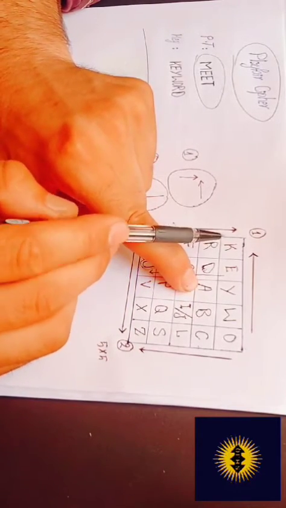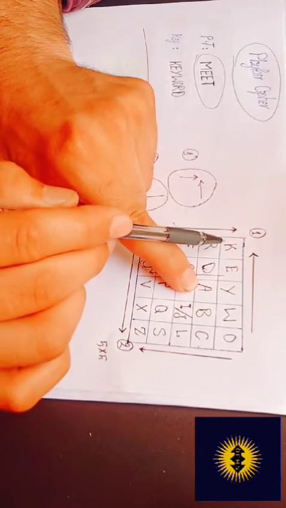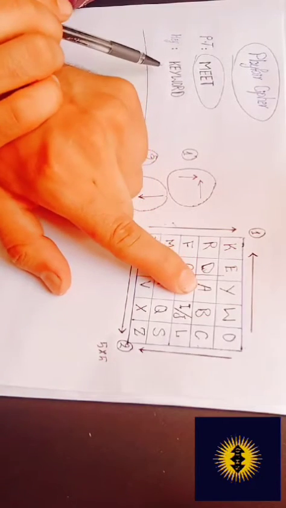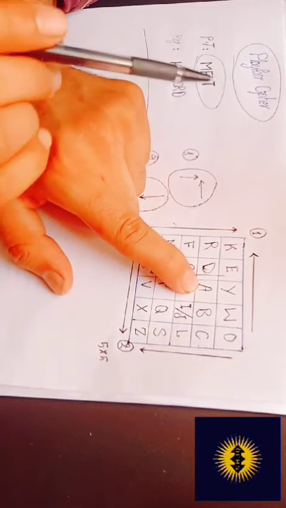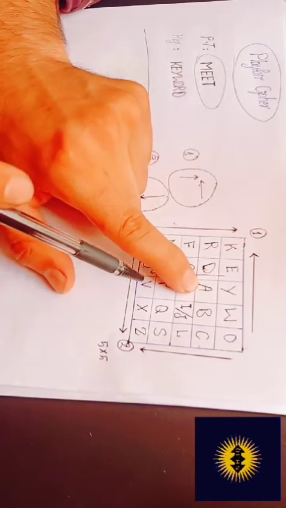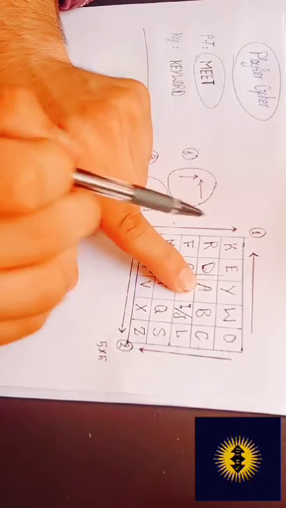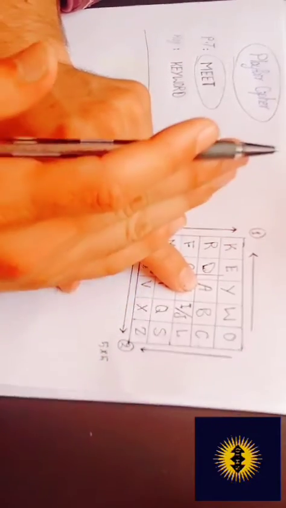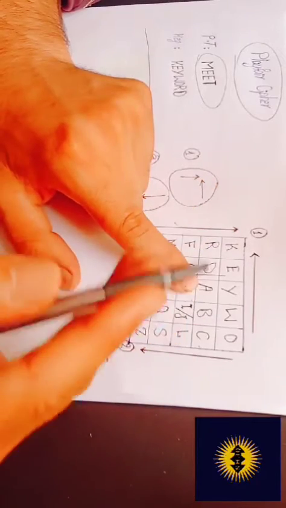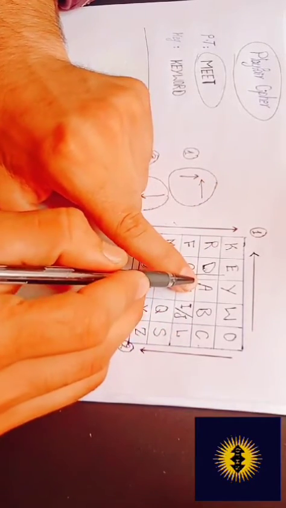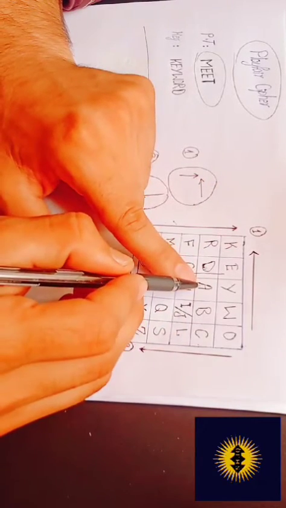If we had a letter in our keyword, we cannot use it a second time in the square, so we have to skip it and jump to the next letter, B.